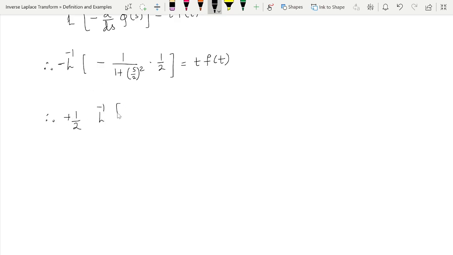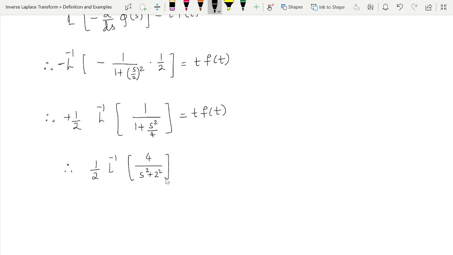So L inverse of, inside the bracket it will be 1 upon 1 plus s square upon 4, which is equal to t multiplied by f of t. After taking the LCM, that 4 will shift to the numerator, so we will have half L inverse of 4 upon s square plus 2 square equal to t multiplied by f of t.